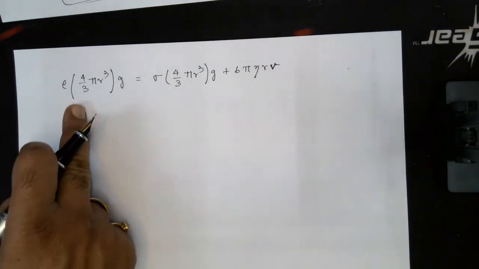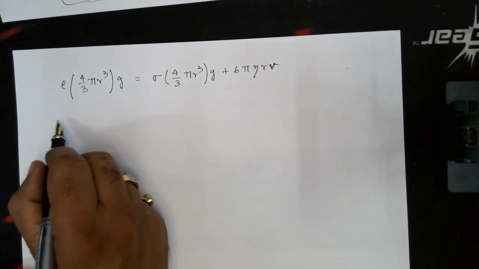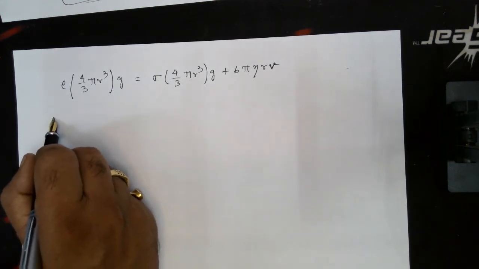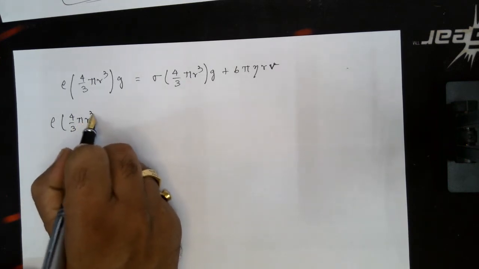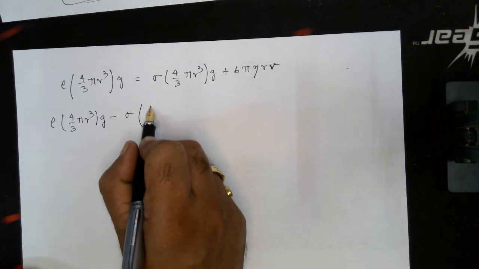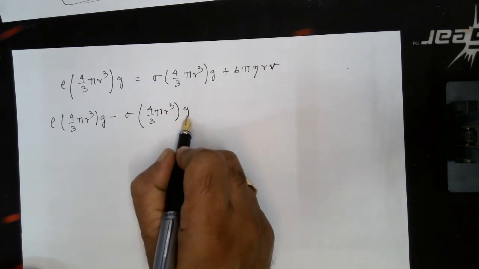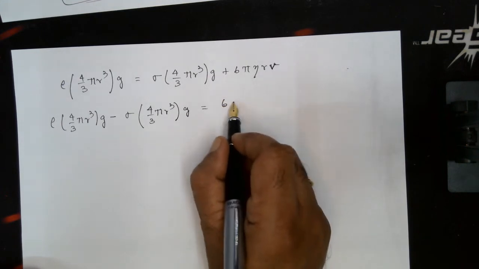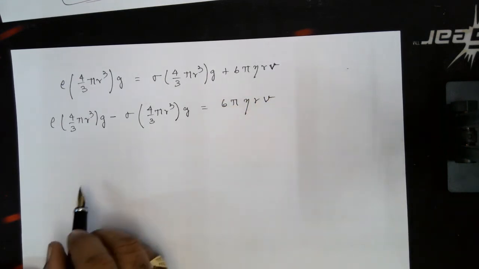We can bring this to the LHS. Therefore rho into 4 by 3 pi r cube into g minus sigma into 4 by 3 pi r cube into g is equal to 6 pi eta r v.